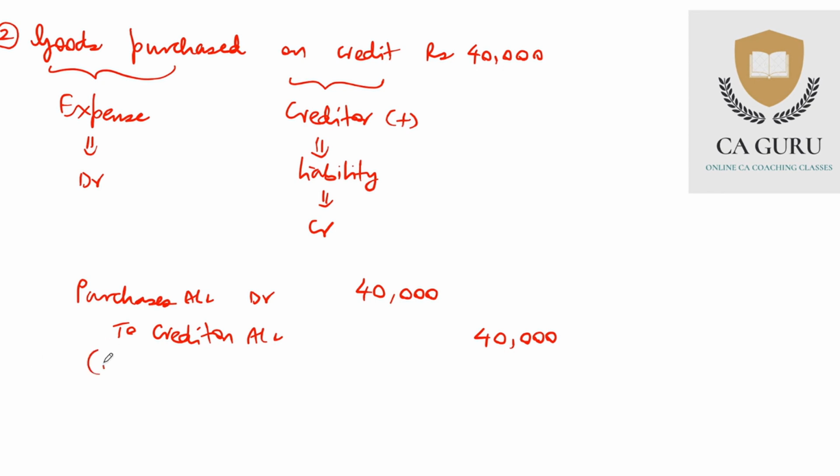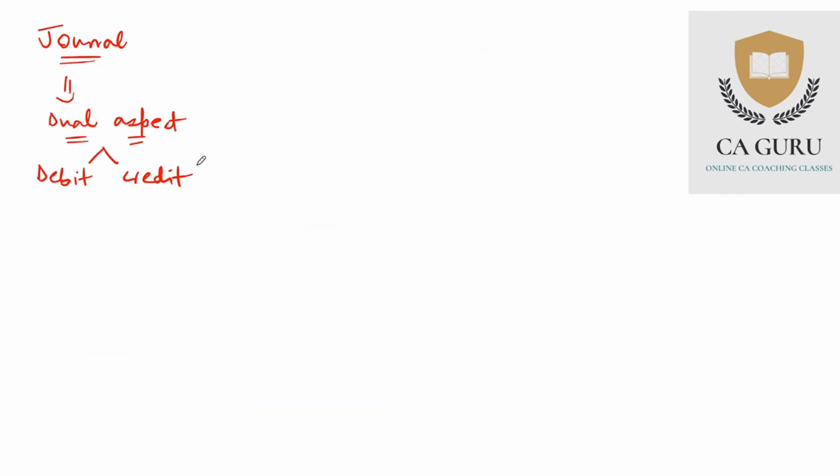And narration being goods purchased on credit. We saw when we need to debit assets and liabilities and when we need to credit assets and liabilities in the basic lecture. Now I'll show you some further basic examples.